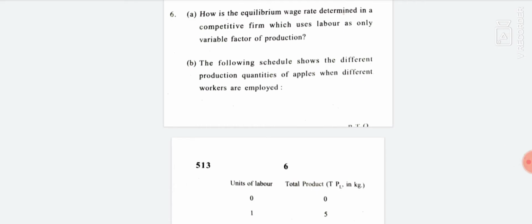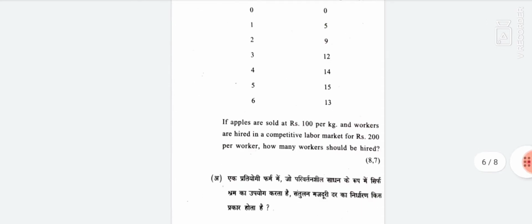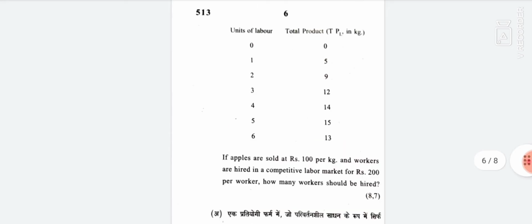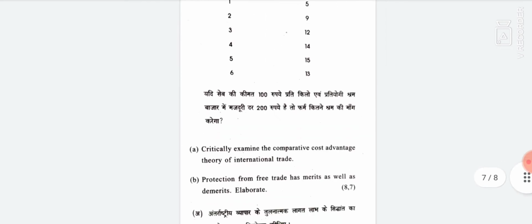The following schedule shows the different production quantities of apples when different workers are employed. So this is the table. If apples are sold at rupees 100 per kg and workers are hired in a competitive labor market for rupees 200 per worker, how many workers should be hired? You need to solve this part. This is a numerical.